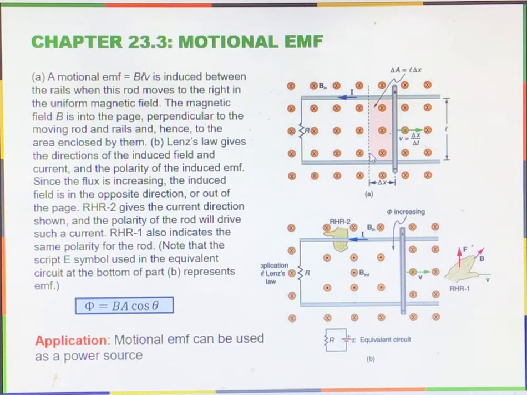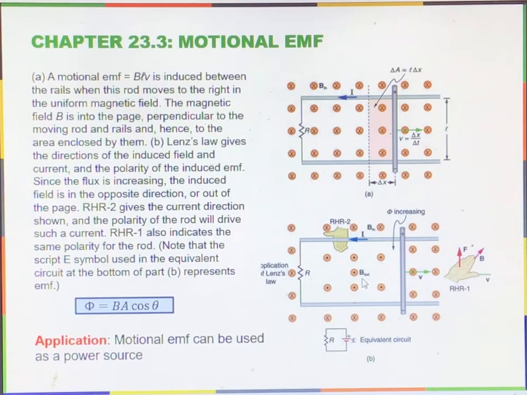Now, because the magnetic field is pointing into the paper, the current is going to be induced in such a way that it flows in the counterclockwise direction. The reason is that Lenz's law can be used to determine the direction of the induced current. If the current is moving in the counterclockwise direction, then the magnetic field generated by the induced current is going to be pointing out of the paper.